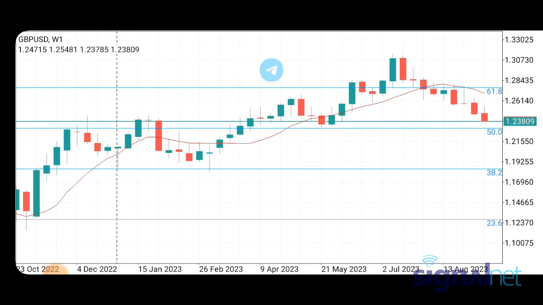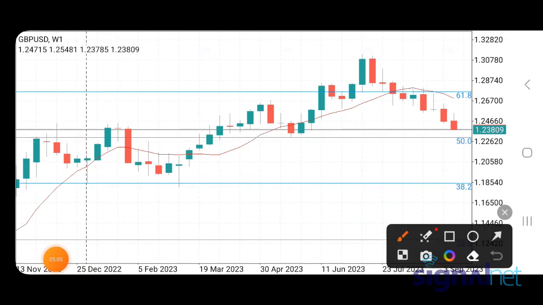For the Pound USD, it's basically the same thing also. It didn't quite hit the weekly support there. So there's even a stronger chance that the Pound USD is going to completely drop into that zone.